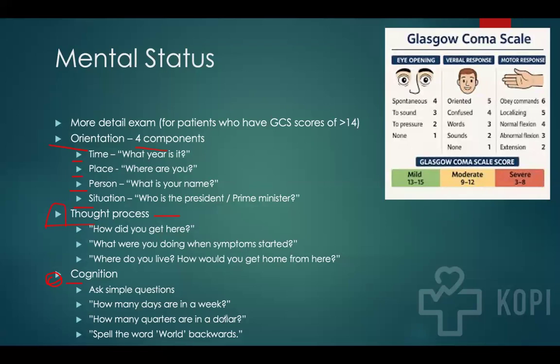Cognition, same thing. If someone's coming in for confusion and their primary concern is confusion, they might have discoordination with their inability to cognitively function. And if that's the case, you can answer some basic questions. You can assess for attention, which is part of cognition. You can also just ask very simple questions like how many days are in a week, whatnot.